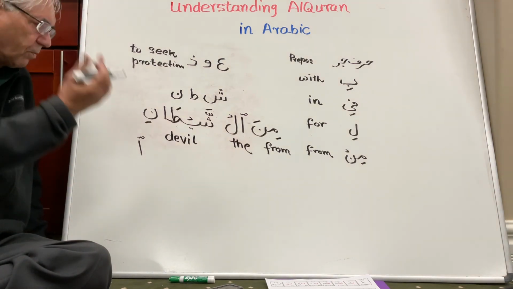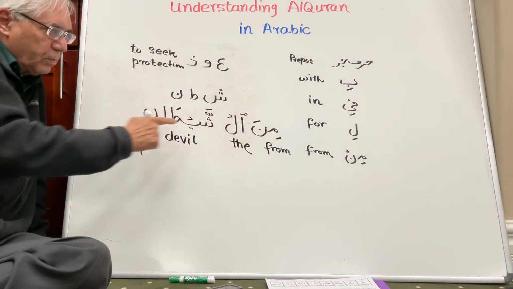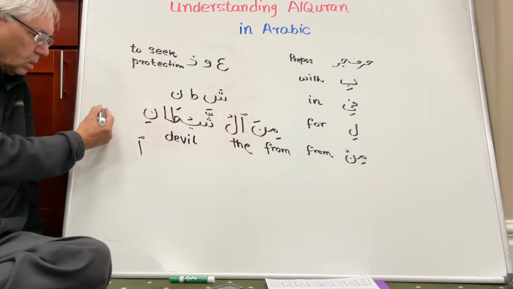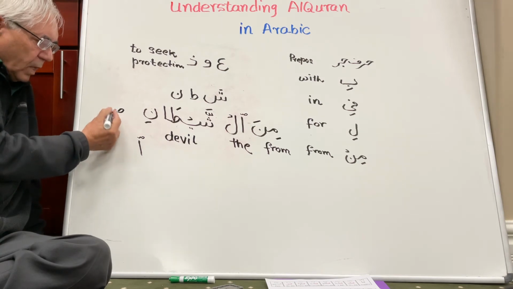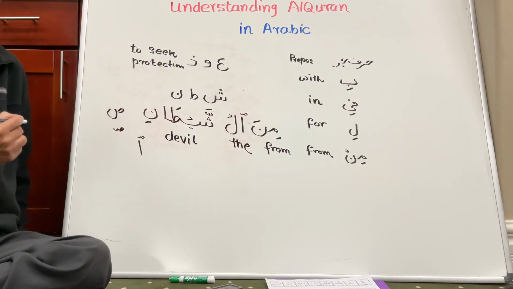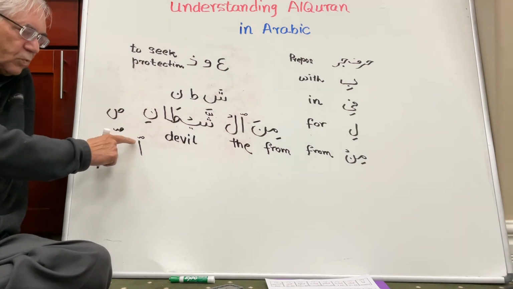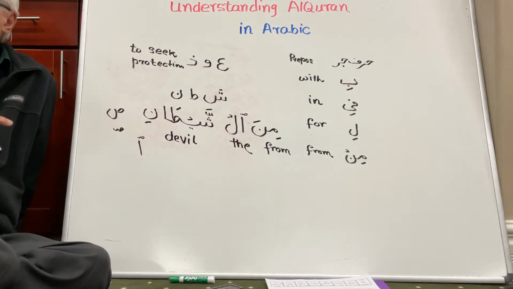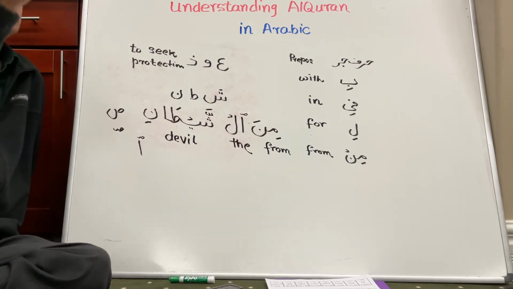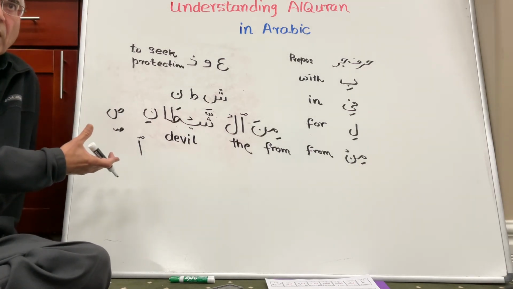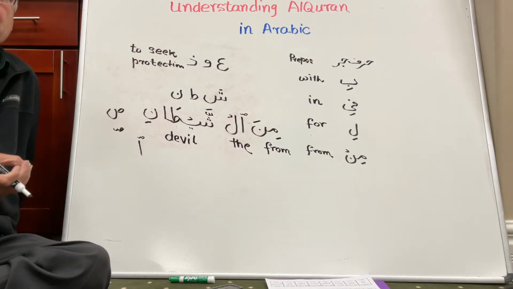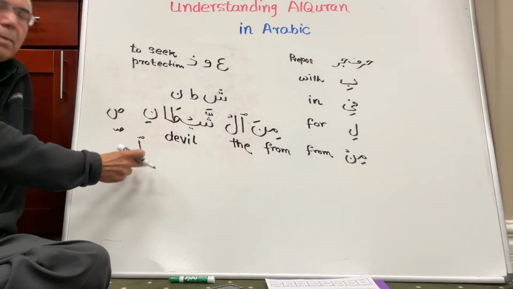Instead of zabar on the alif, we put a small swad. This is a big swad and this is a small swad, right? Once we put a small swad on this, it is not called alif anymore. This is called Hamzatul Wasal. Wasal is from joining. So we joined two words, sacrificed something in between, and its name also changed.